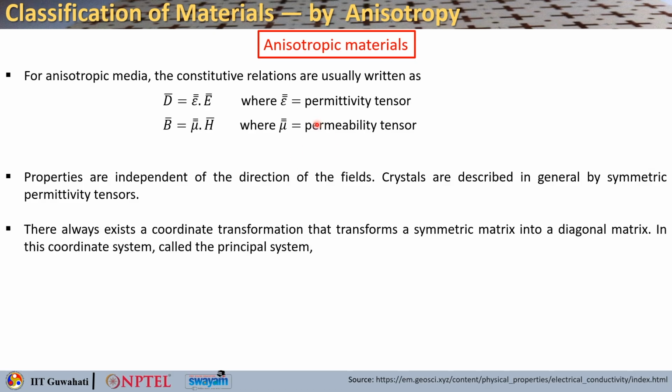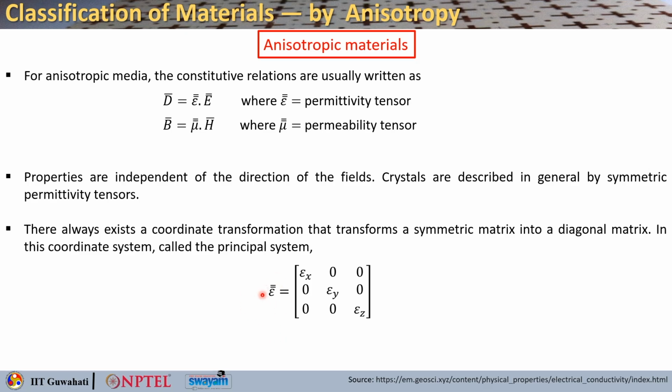Now, crystals are in general described by symmetric permittivity tensors. There always exists a coordinate transformation that can transform a symmetric matrix into a diagonal matrix, okay, and this coordinate system will then be called the principal system.